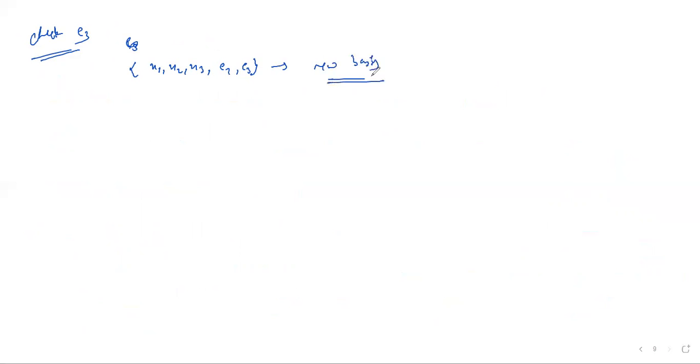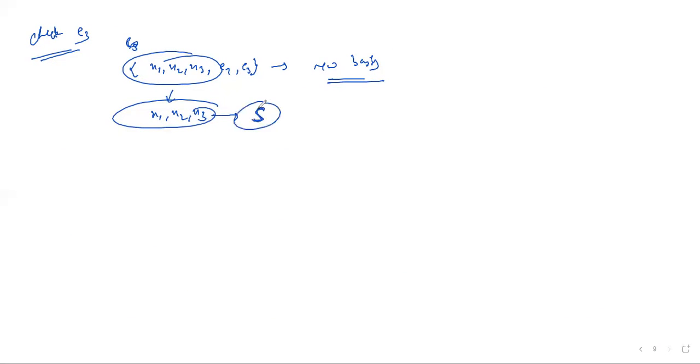So as we have found our basis, what will be the complement? Our previous basis is x1, x2, x3. This is our S, and the complement of S is T, which is the span of e1, e3.